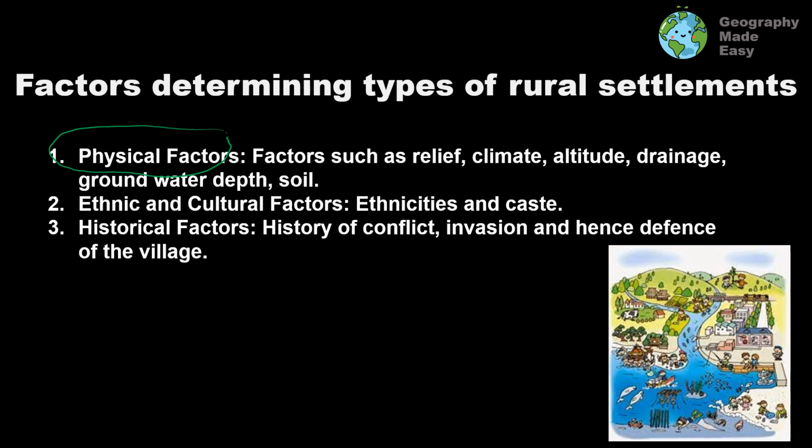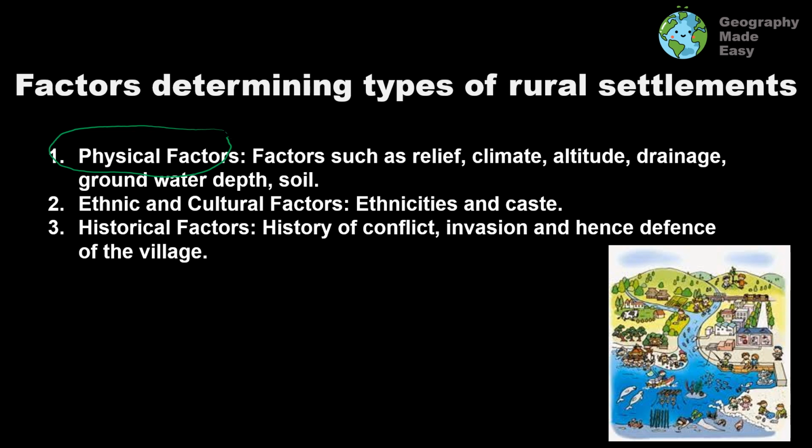Next, we have ethnic and cultural factors such as caste and ethnicity, which can also determine whether there will be compaction or dispersion. In many cases, we see that the settlements have a typical kind of structure, especially in India, which is based on the caste system, with the Brahmins occupying the core of the settlement and the Shudras or the untouchables occupying the far away portions away from the core of the settlement.